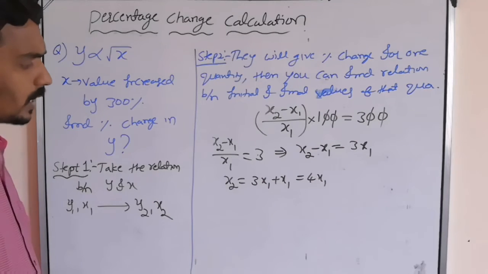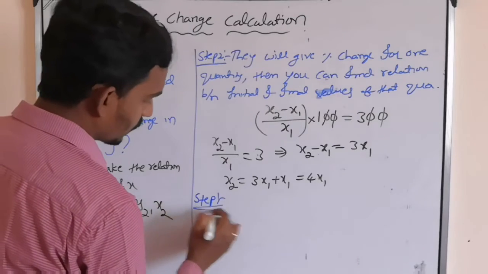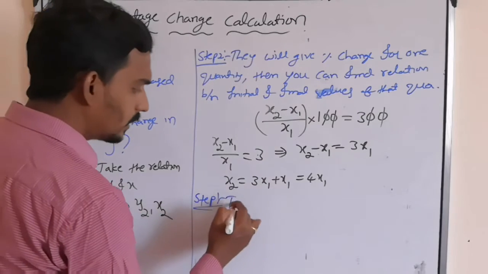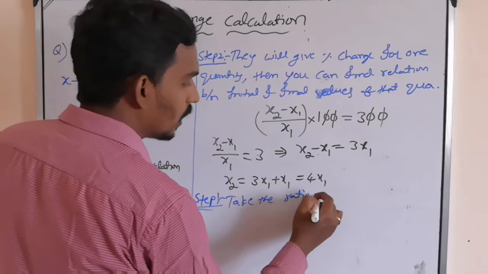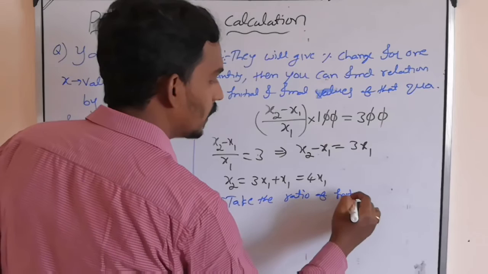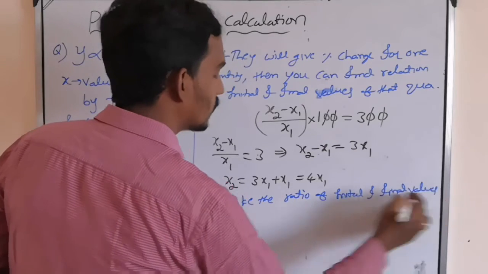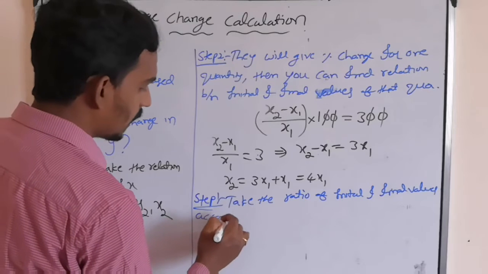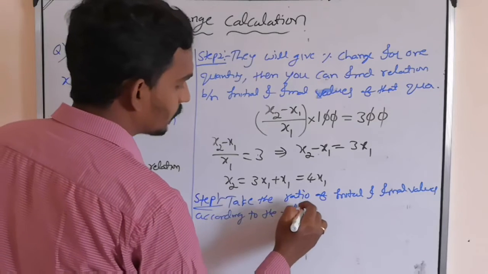Then, what is the next step? Take the ratio of initial and final values according to the relation.